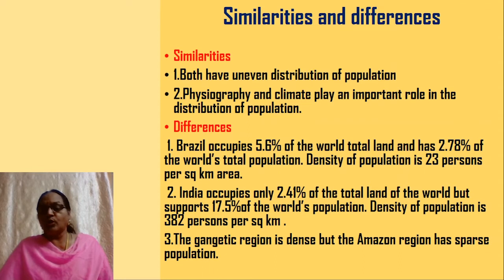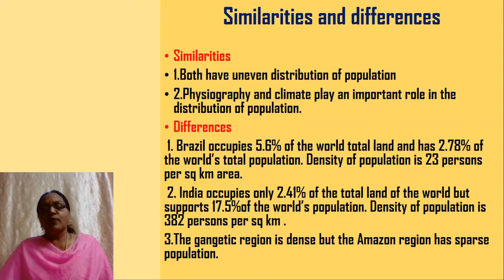We also saw that the physical features as well as climate play a very important role in distribution of population. That is, wherever the climate is favorable, we found that the population density was more. And in regions like deserts or mountainous regions, we found again the population to be low.